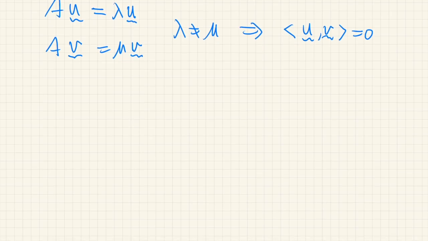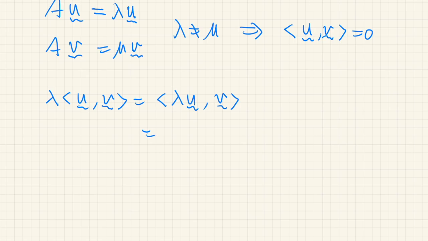So let's prove this. Again, let's consider the inner product, lambda times the inner product between u and v, and put lambda inside. Let's first put it here, lambda u times v.